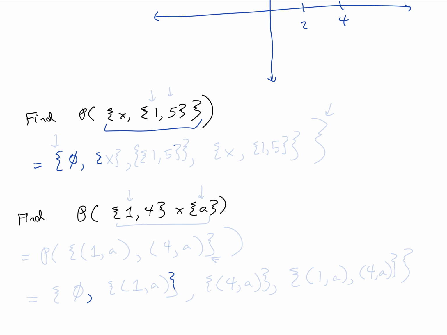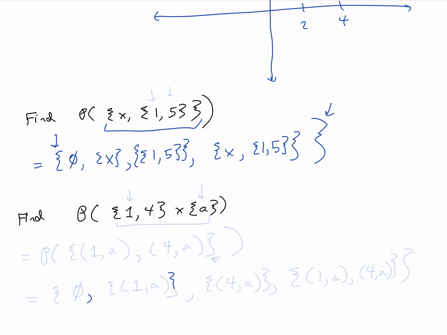Another subset would be the set containing just x. Another subset would be the set containing the set 1, 5. And the last subset would be the entire set itself, the set containing x, as well as the subset 1, 5. And we need one more brace to end that.